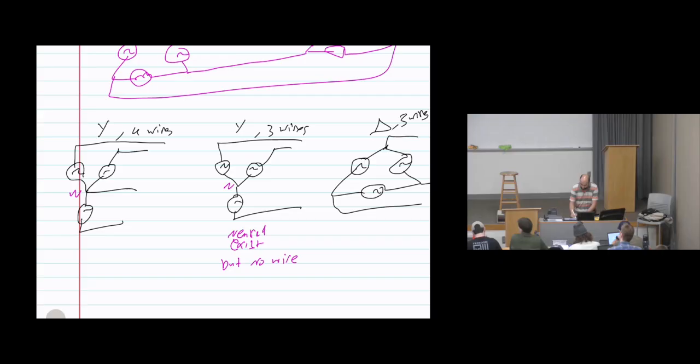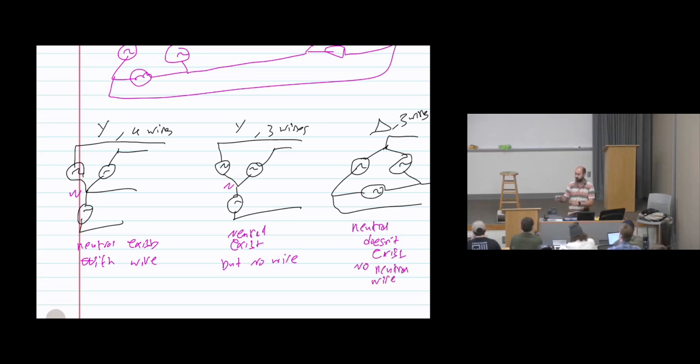With Y with 4 wires, the neutral exists with a wire. While for the last one, delta, the neutral does not exist at all. And of course, no neutral wire as well.